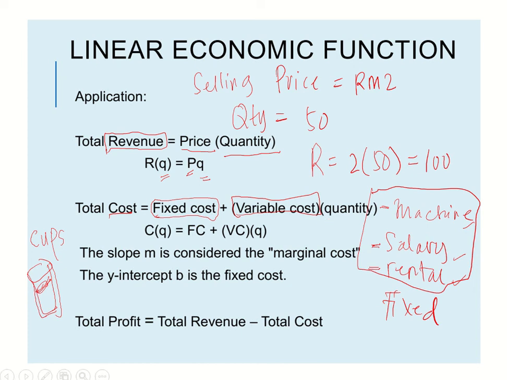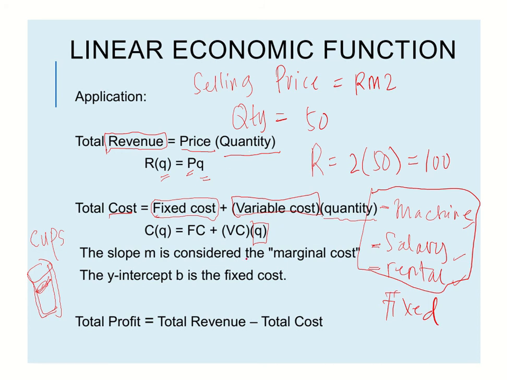So in this case, the cost will be the variable cost multiplied by the quantity, plus the fixed cost. Again, what is the variable here? What is always changing? The quantity. So we can see here, for revenue and cost, the variable is quantity.